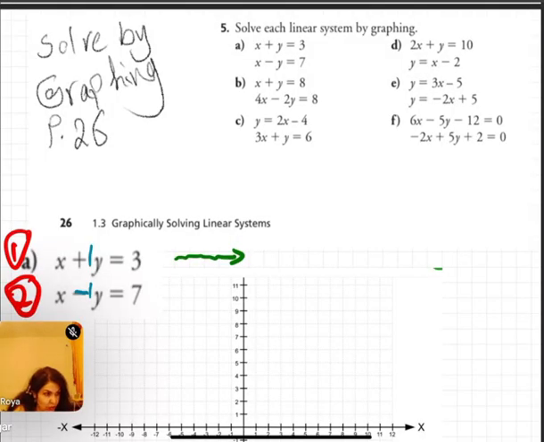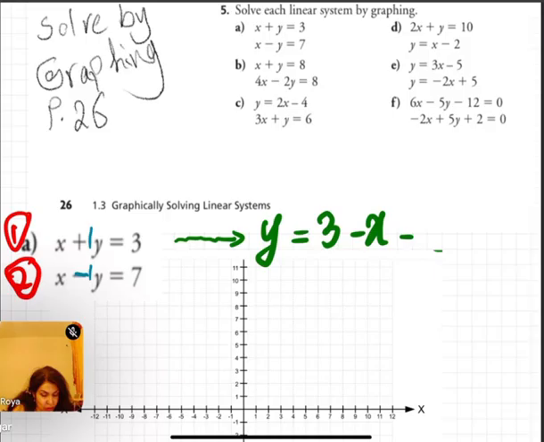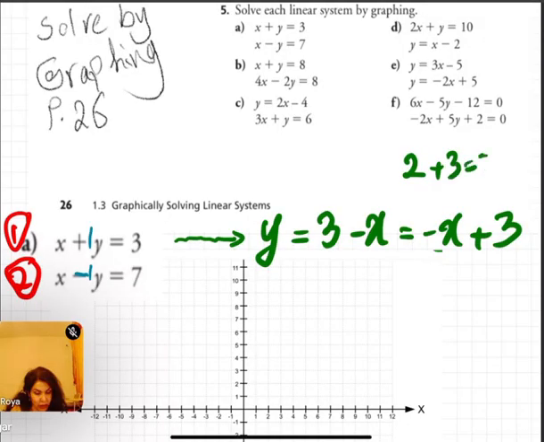First question, if you isolate y, it's going to be y equal to 3 minus x, which is equal to minus x plus 3. I just moved this. You know that 2 plus 3 equal to 3 plus 2. So I just moved them.